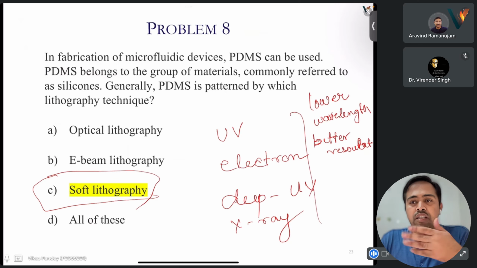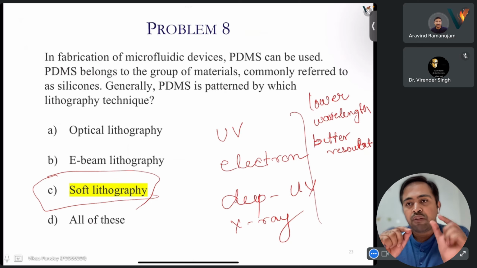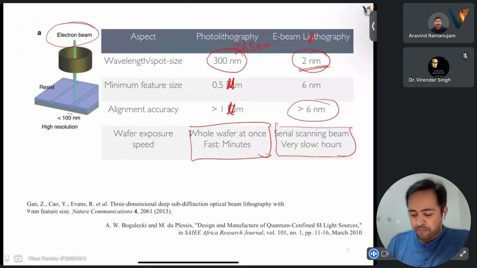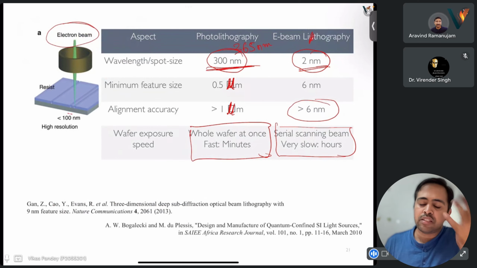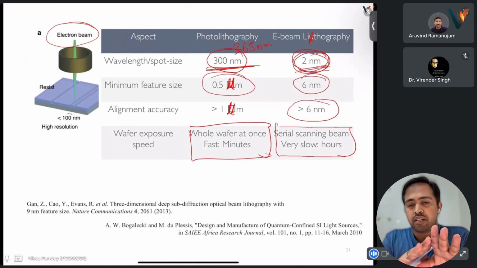Resolution is defined by the Rayleigh criterion, so it is approximately two times the wavelength of the source being used. Here, if we see, it is 365 nanometer, so the minimum feature size is generally 0.5 to 0.6 micrometer, almost two times. For 2 nanometer, it should be 4, 5, 6, that is the range.